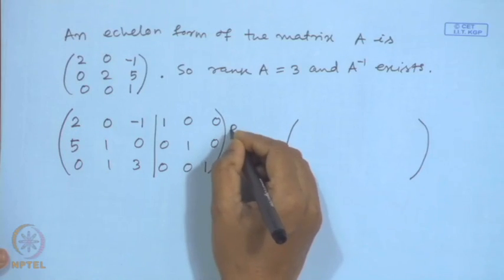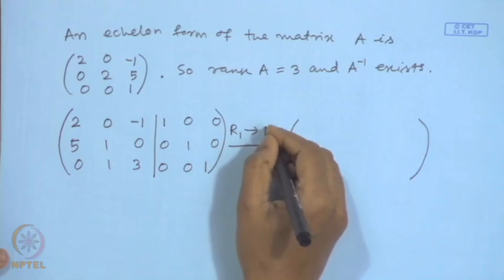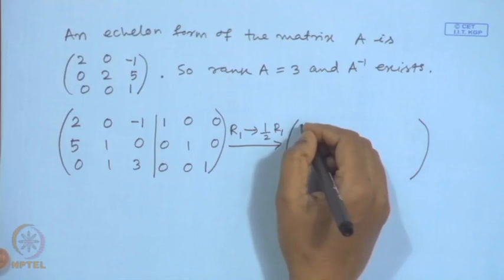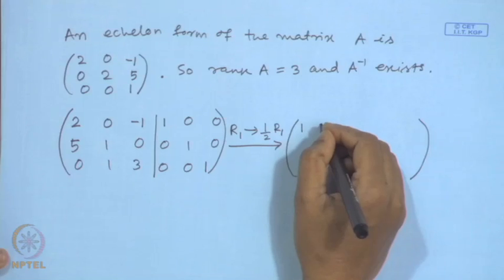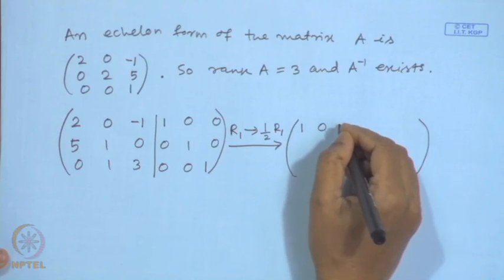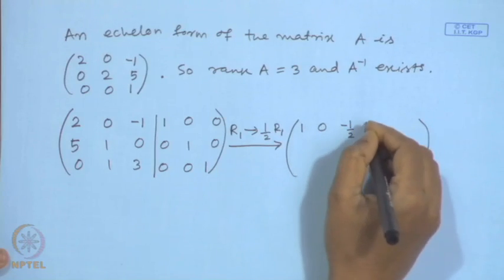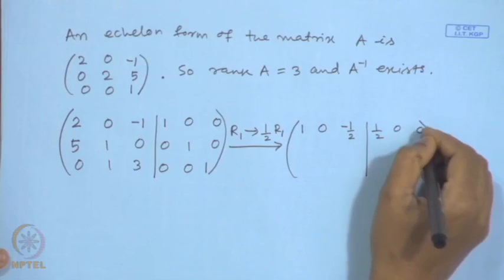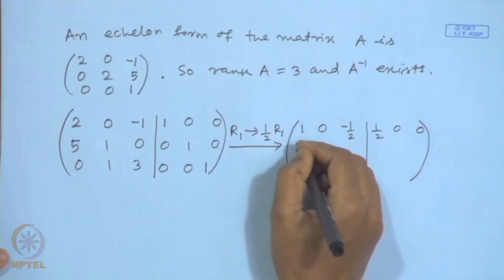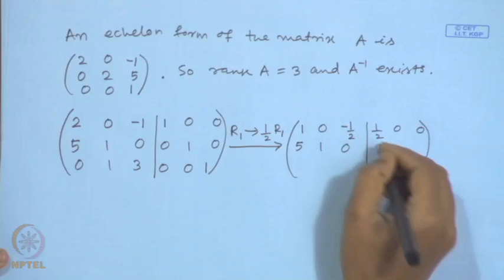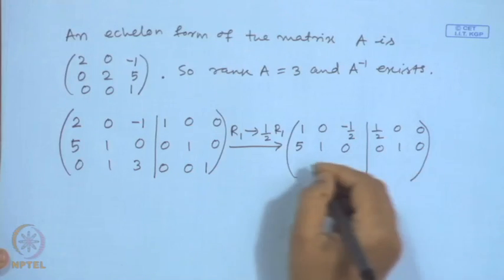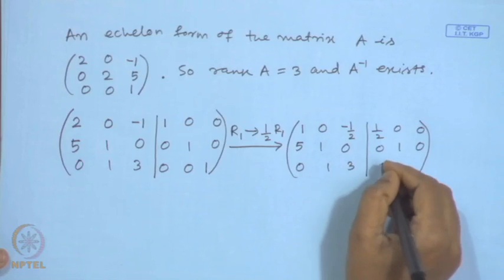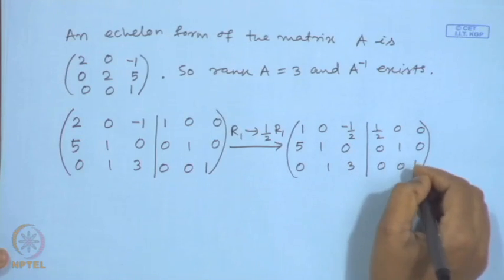So, that is R1 is replaced by half of R1, and here we get this matrix B: 1 0 minus half 0 0, and this is 5 1 0 0 1 0, then this 0 1 3 0 0 1.